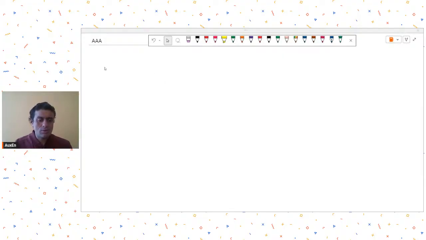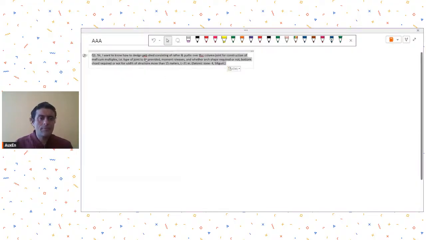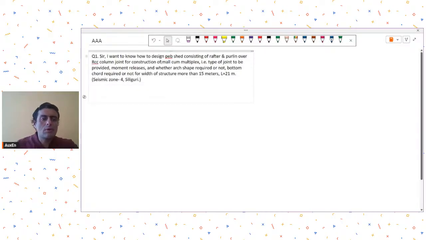He wants to know how to design a PEV shed consisting of rafter and purlin over RCC column joint for construction of a mall cum multiplex. That is, type of joint to be provided, moment releases, and whether arch shape required or not, bottom chord required or not for width of structure more than 15 meters. Seismic zone is Siliguri.